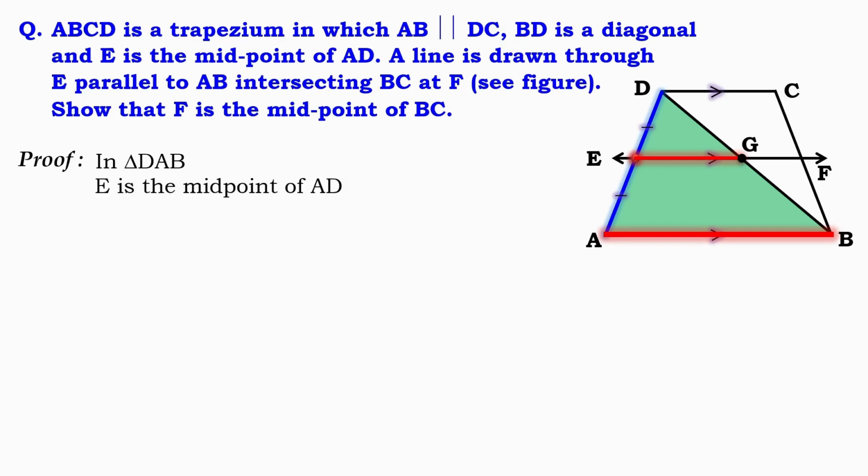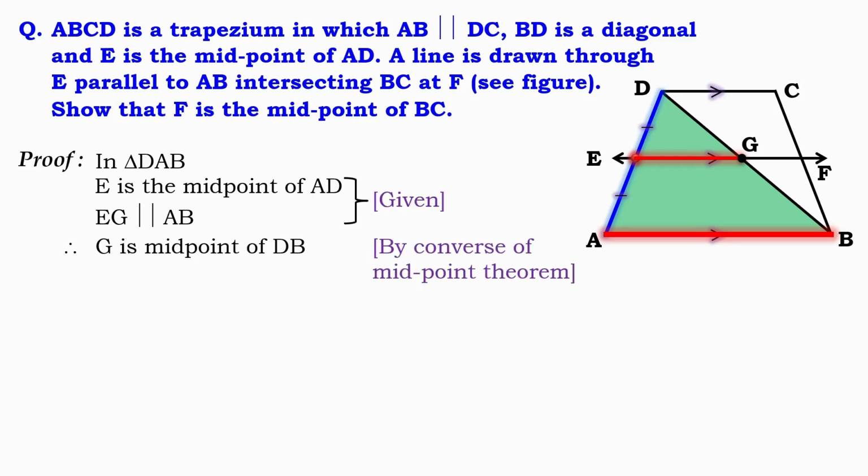In triangle DAB, E is the midpoint of AD, EG is parallel to AB. So this is given. So G is the midpoint of DB by using the converse of midpoint theorem. Okay, now EF is parallel to AB, that is already we know. And AB is also parallel to CD.